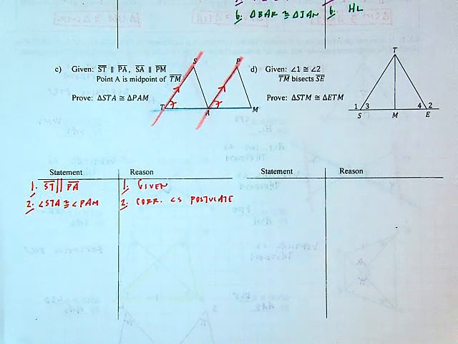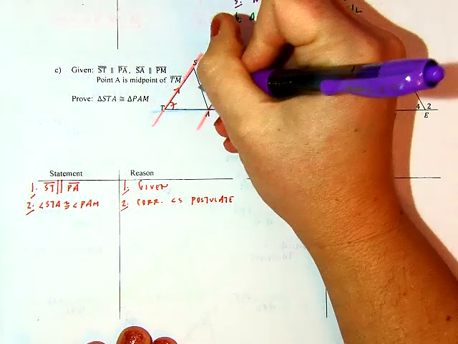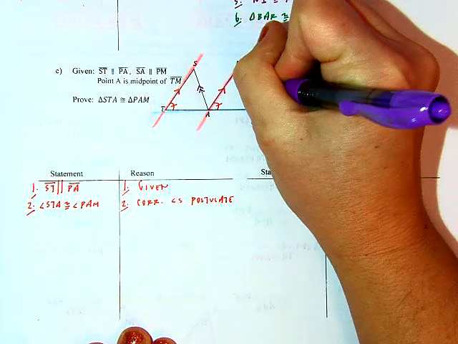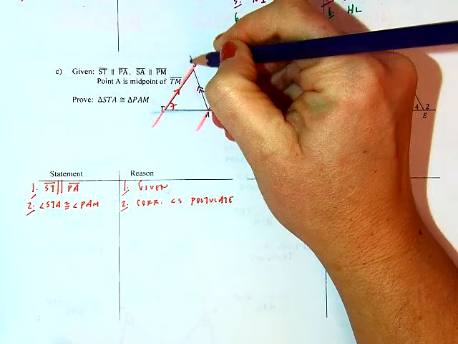Okay, now I'm at a dead end, so I'm going to pick up another given. So I'm also told that SA, right here, runs parallel to PM, right there. So let me mark that in a different color. I'll make that purple.